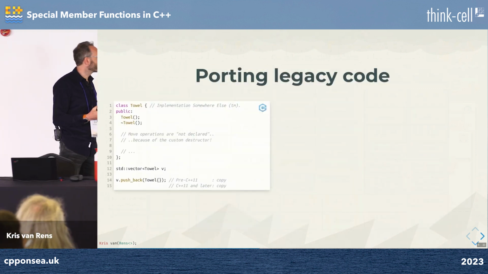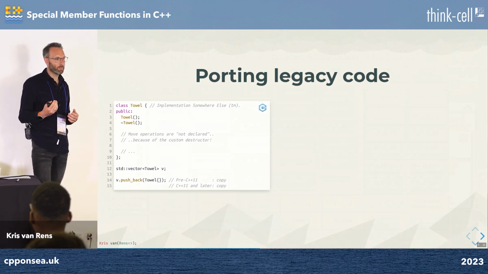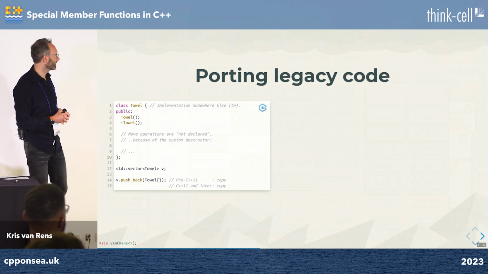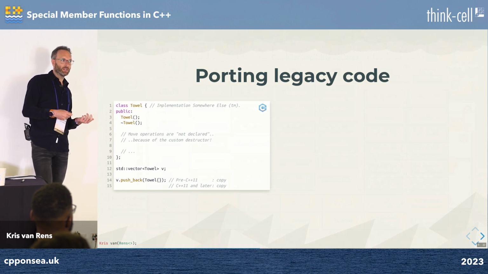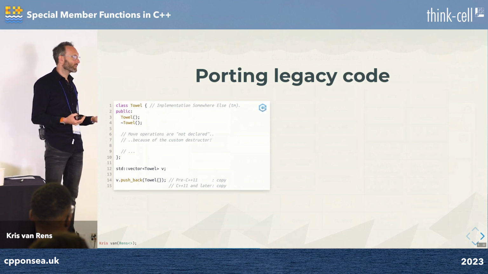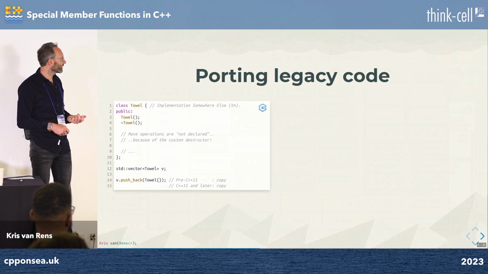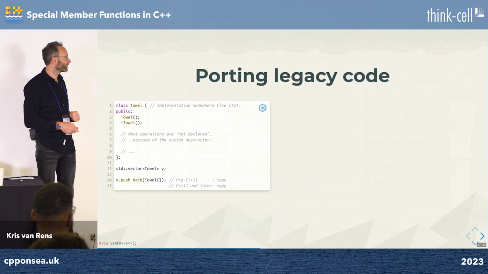Right, but that makes it easy at least to port legacy code, because we get copy behavior if we move types that didn't have a move operation declared, even though it was required to. Here in this example, we user-declare the destructor, and we lose the move operations, right? But still moving does work, in the sense that it falls back to copying.